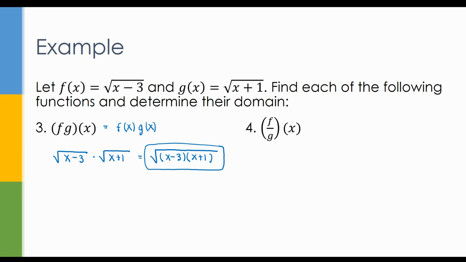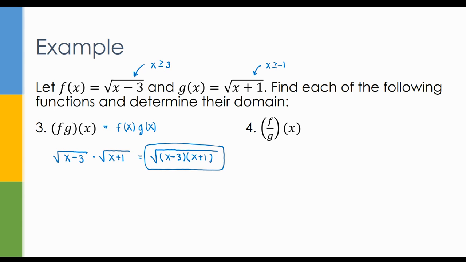As far as our domain, remember with the first one, we have to have x greater than or equal to 3. With our second one, x has to be greater than or equal to -1. If I look at what I have underneath that square root, once again, the first number that would work is when I have 0. Because we're dealing with the product, we want the intersection of where those two overlap.